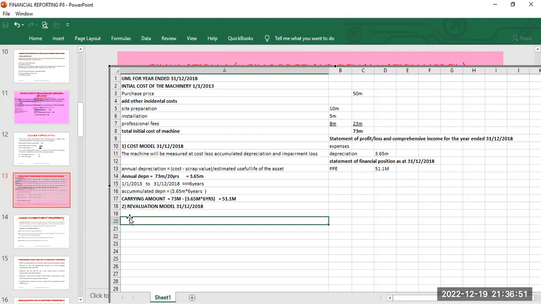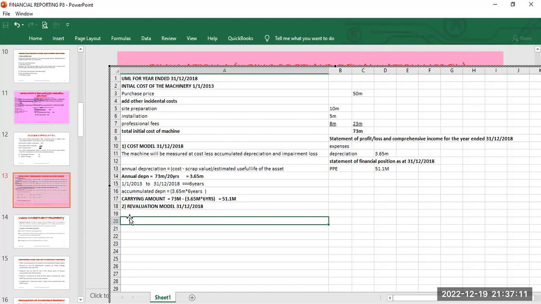Even here, what we are looking at, one, we are looking at the depreciation we are going to take to the statement of financial position, and we are also looking at the carrying amount of the asset at the date of reporting.